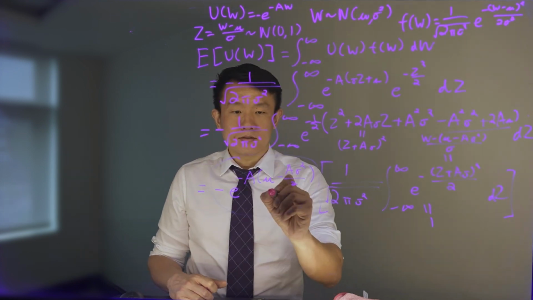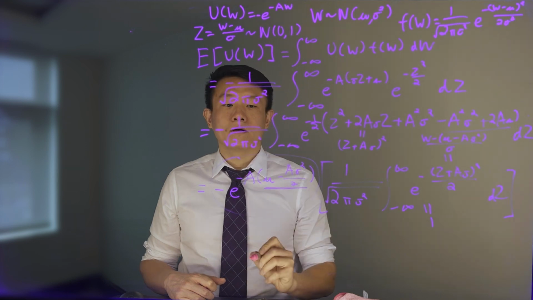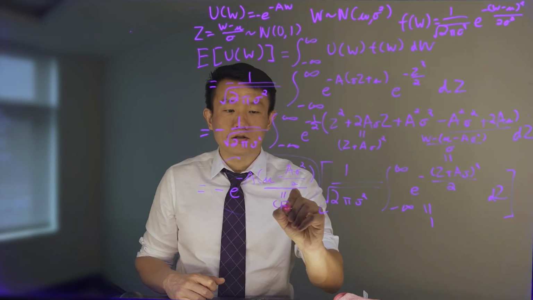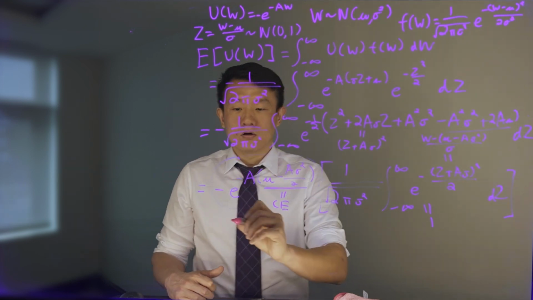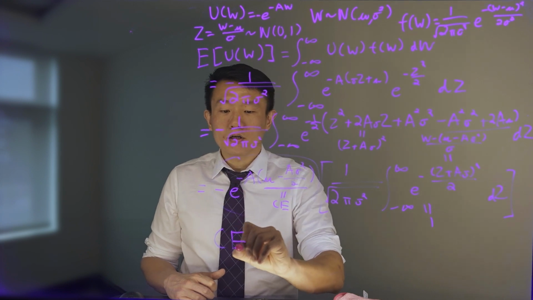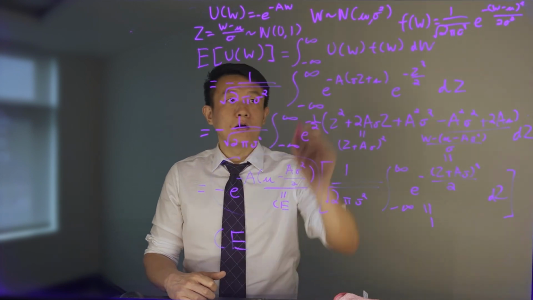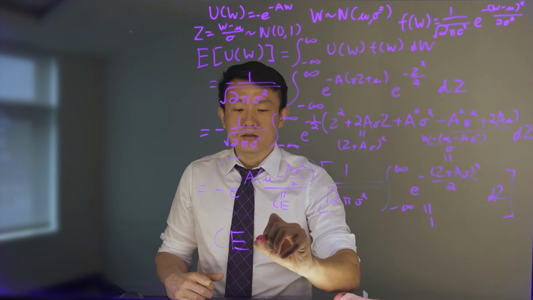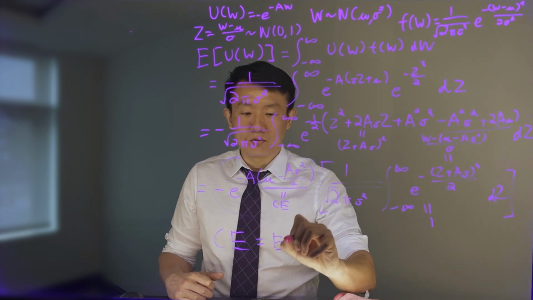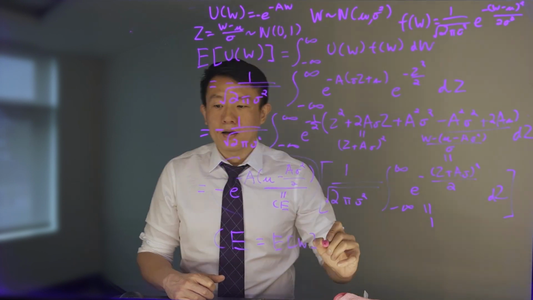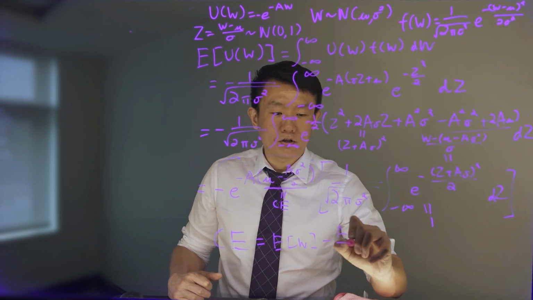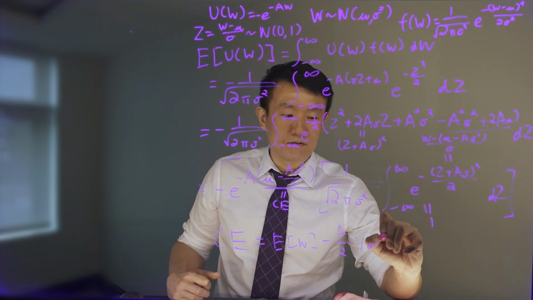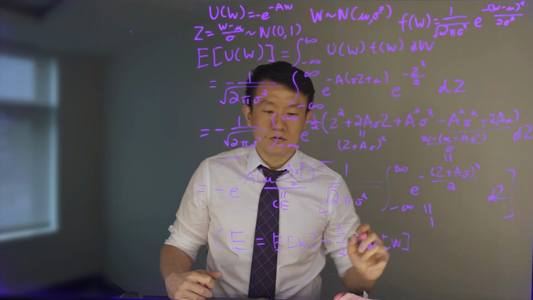What that means is that this is going to be equal to my certainty equivalent. Written out, the certainty equivalent of this random wealth is equal to the expected value of w minus a over 2 times the variance of w.